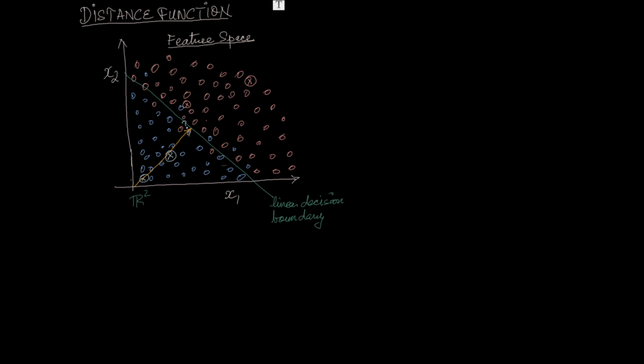We will use this as a motivating example because this brings about the notion that we need to know the distance from the decision boundary. Given any point, how far is it?